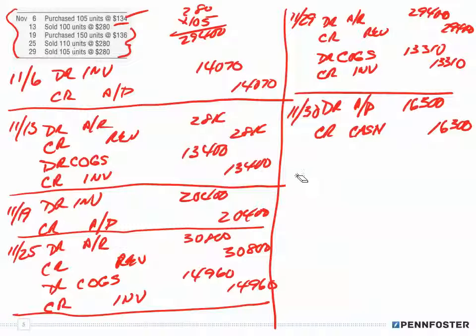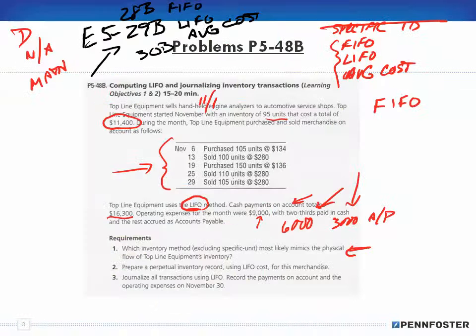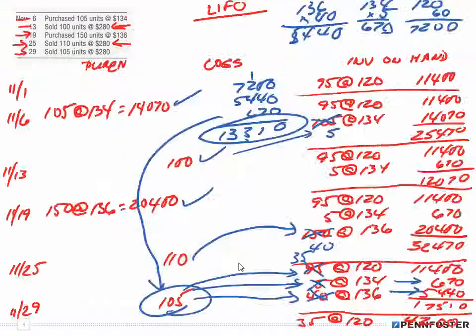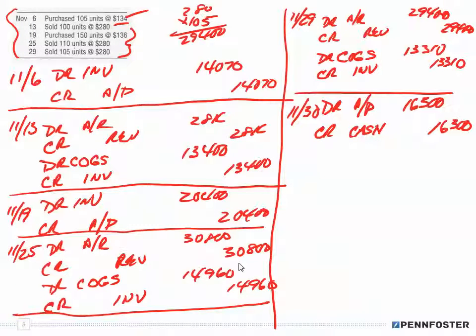Then it also tells me that I have to make the entry for this 9,000 here for my expenses. Well, I already explained how I got 6,000 for cash and 3,000 for on account. All right. So my entry to record my expenses is going to be, am I affecting cash? Yes, my cash is decreasing, so I'm going to credit my cash for 3,000.